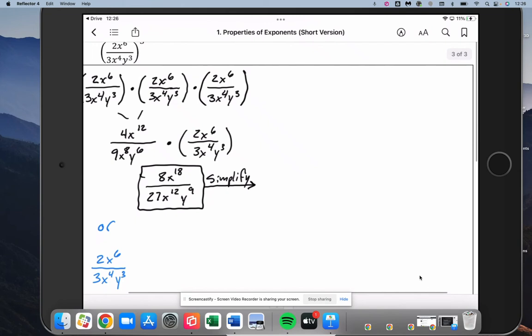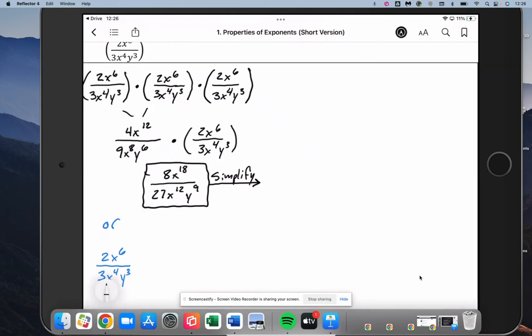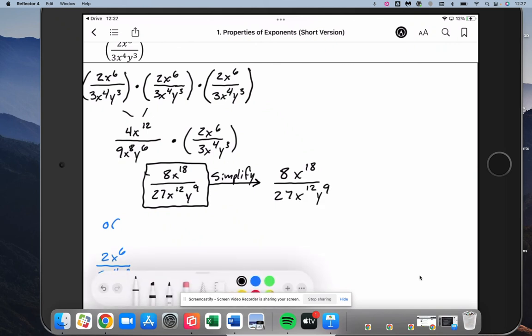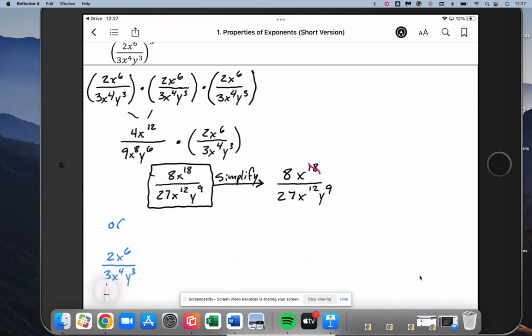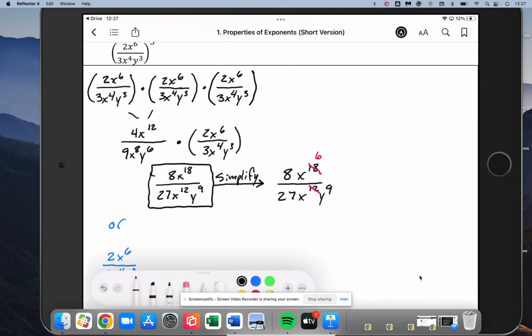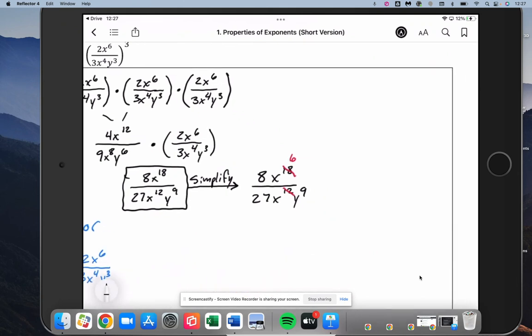But if we were to simplify this, I think the way that Alex would want this one is if we were to say, okay, 8x to the 18th over 27x to the 12th, y to the 9th, we need to cancel those x's, and recognize that there would be x to the 6th left on top. If we did 18 minus 12, we would have a remainder of 6 in the numerator. 8 and 27 do not share any common factors, and so those would be left alone.